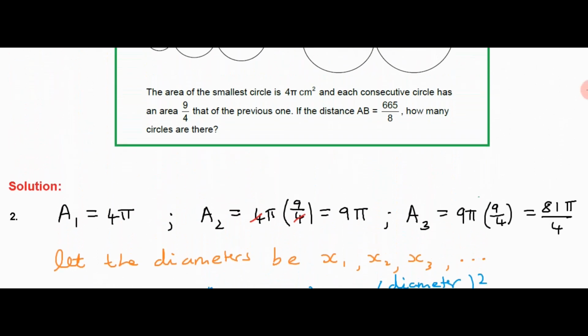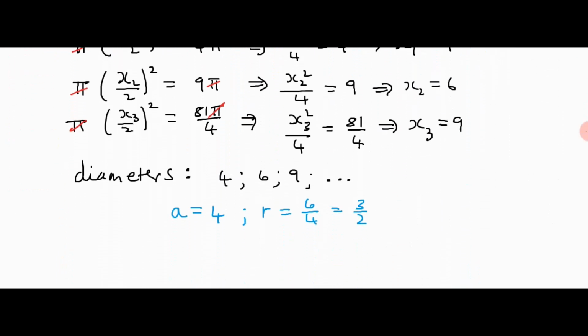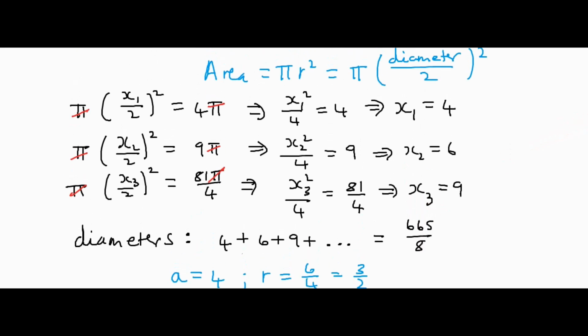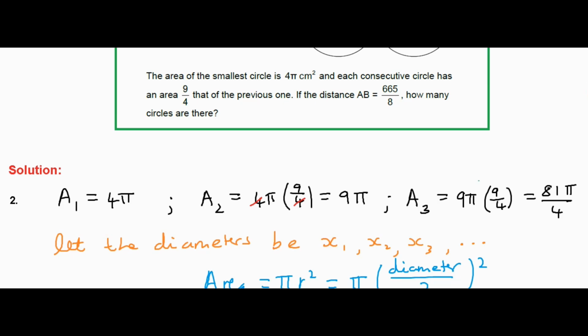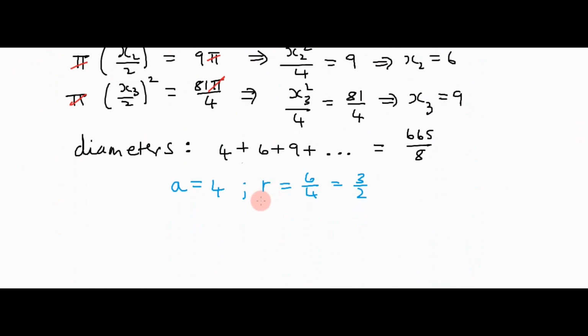Now, we know that all the diameters must come to 665 over 8. So we can turn this into a series, in fact. So all these diameters, when we add them, they must come to 665 over 8. And now we merely use the sum formula.